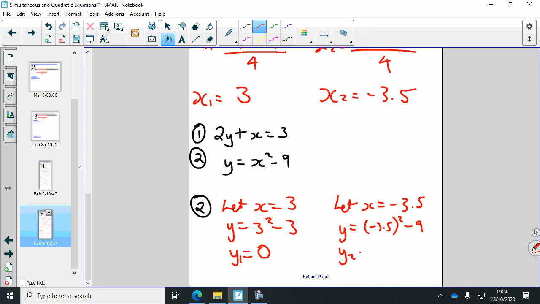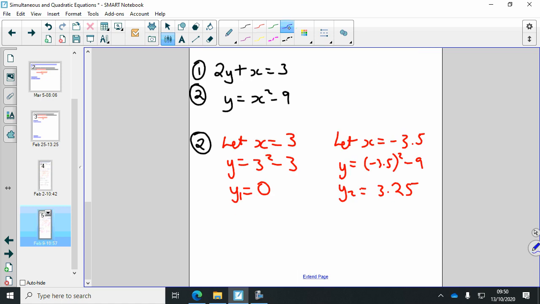So y2 is going to be 3.25. So again, you get two pairs of answers. Your first pair of answers is 3, 0, and your second pair of answers is minus 3.5, 3.25.